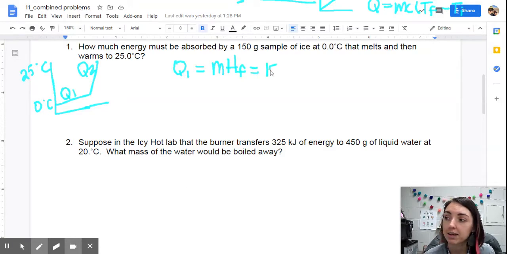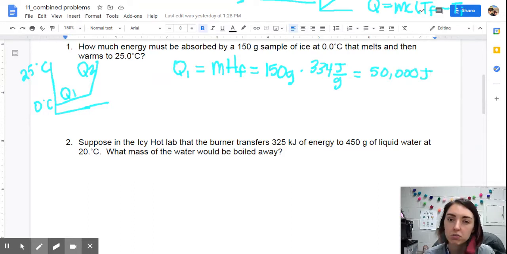So I just plug in my numbers, 150 grams times 334 joules for every gram. Stick that in my calculator, and it comes out to be 50,000 joules. It's technically supposed to be rounded to 2 sig figs, but 50,000 joules as 1 or 2 sig figs is the same number. So we can leave it as 50,000. It's okay.